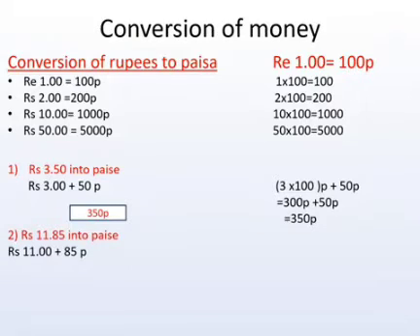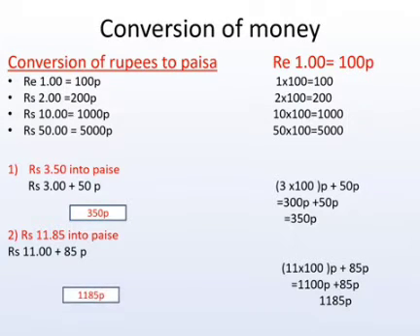Next, 11 rupees 85 paise. So we are going to convert this into paise. So as in the beginning, as I told you, let me make it into 11 plus 85. So 11 rupees plus 85 paise. Look into the working column, children. So 11 into 100. Here I have taken it as 100 because 1 rupee is equal to 100 paise.